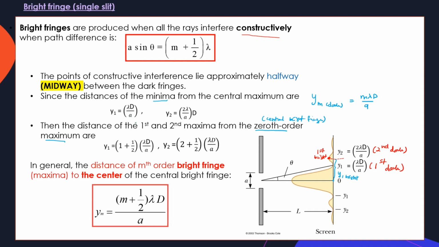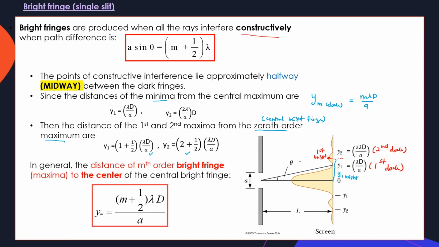Okay, and then the distance of the first and the second maximum from the 0th order is given by this equation. This is the distance from the center to the first bright, and this is the distance from the center to the second bright.